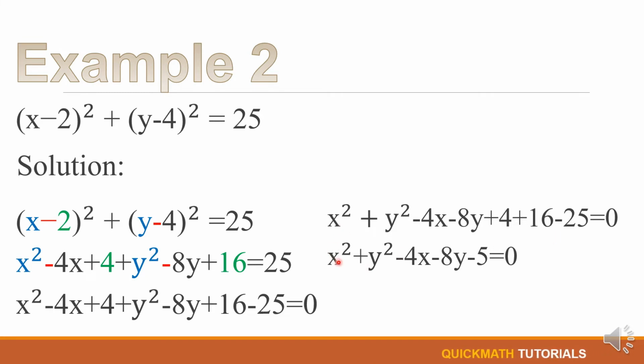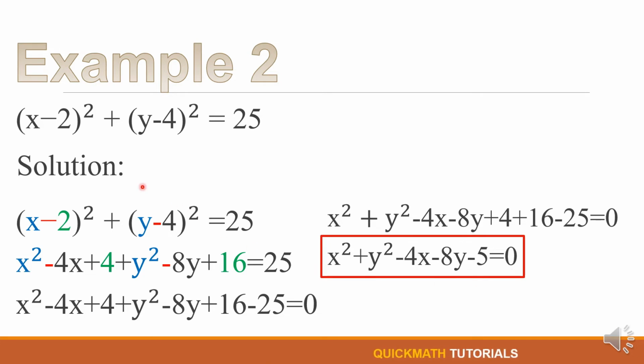So copy x squared plus y squared minus 4x minus 8y. 4 plus 16, we have 20. 20 minus 25, we have negative 5 equals 0. Therefore, the general form of this equation is x squared plus y squared minus 4x minus 8y minus 5 is equal to 0.